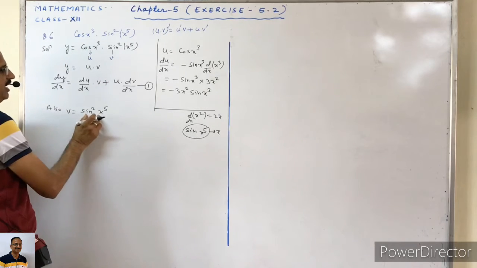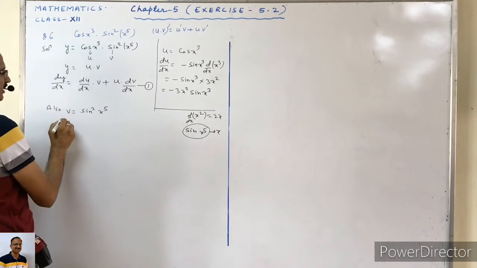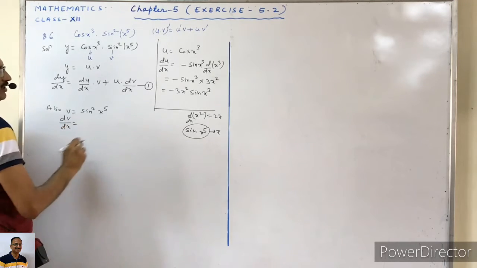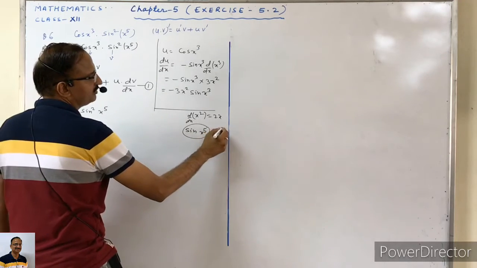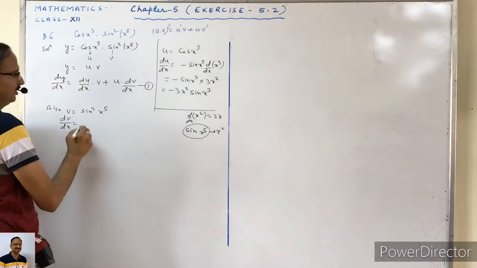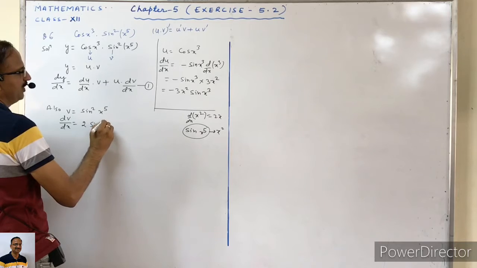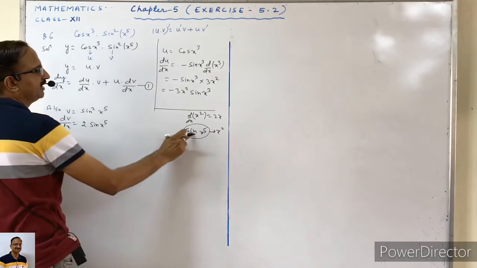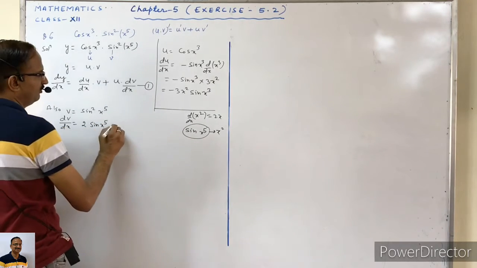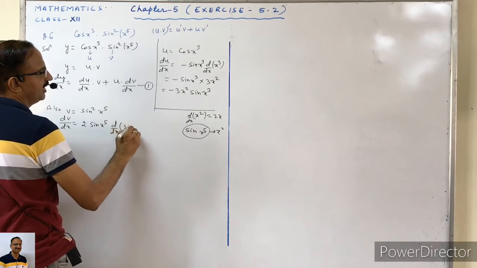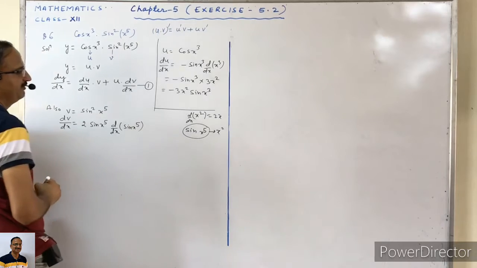So this is x square. So the differentiation is like this, dv by dx. What is the differentiation of x square? 2x. So 2 times sine x raised to power 5. But this is not x, so we will write the differentiation of this in the product, that is sine x raised to power 5.